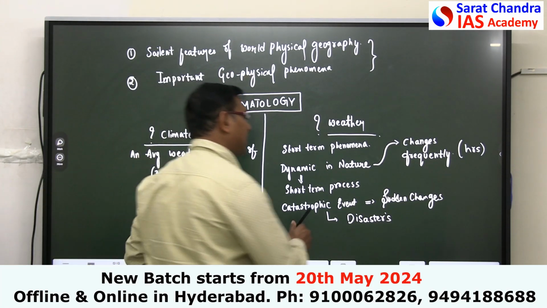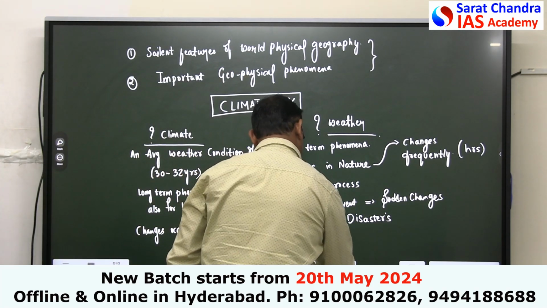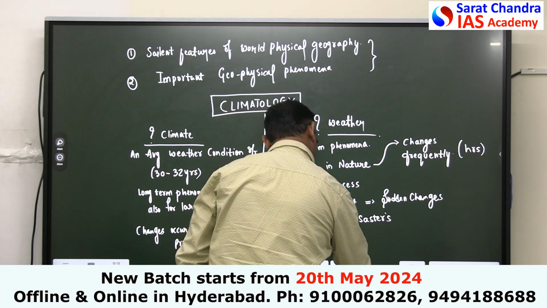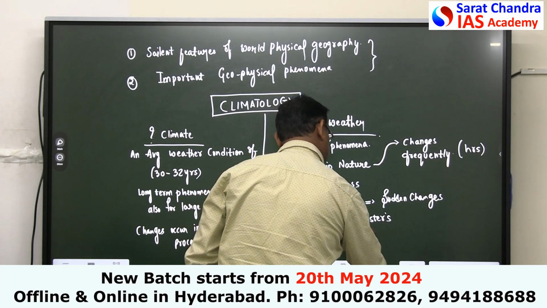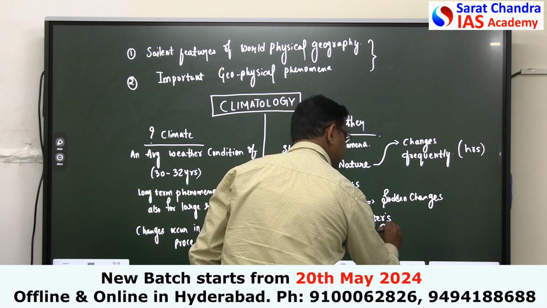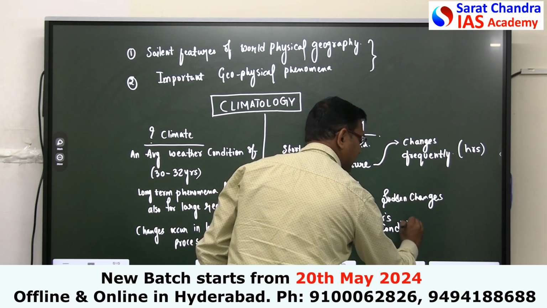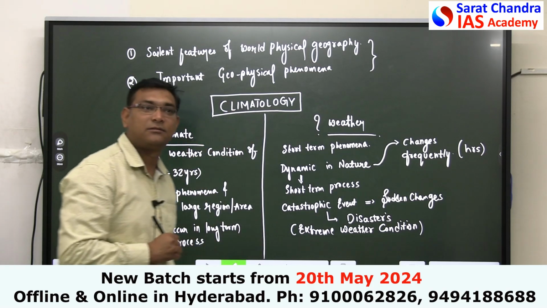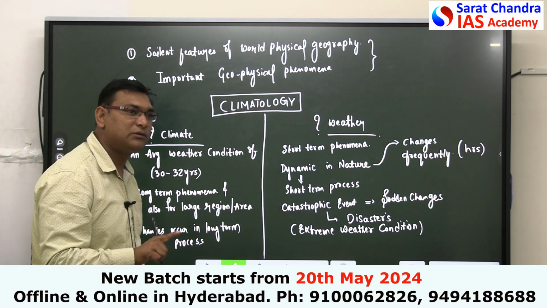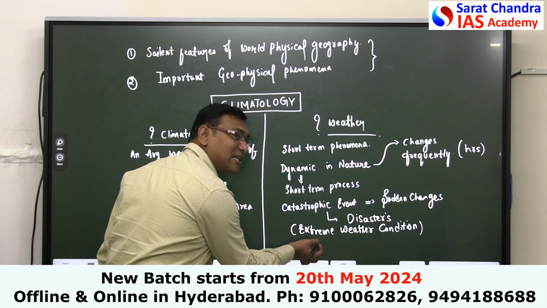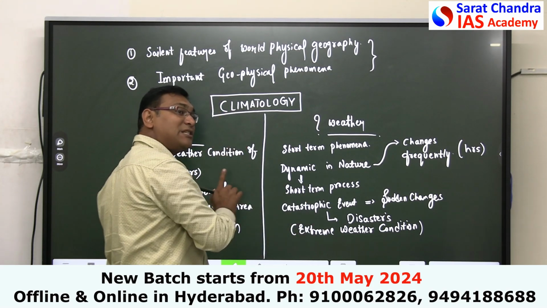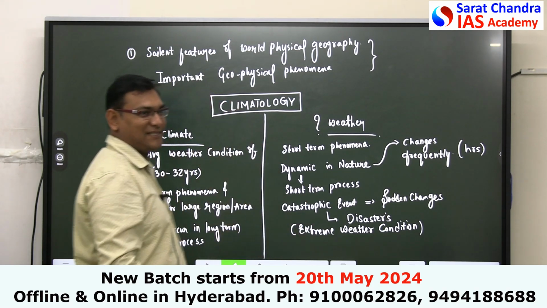We will say these are extreme weather conditions. This extreme weather has occurred due to the climate change. Climate change is a gradual change. It is not a sudden change.